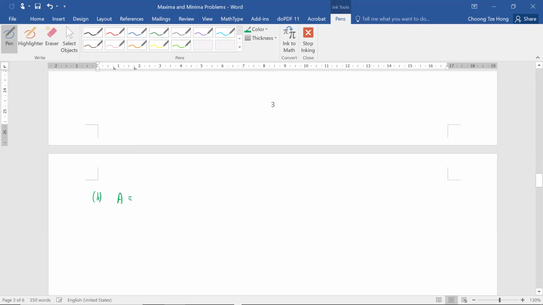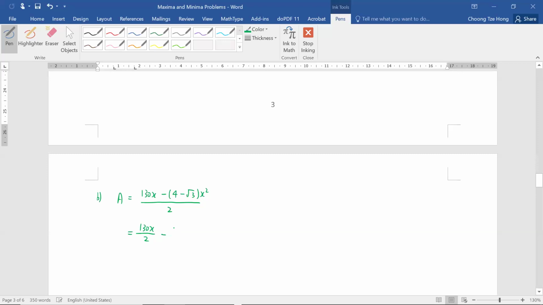So A is equal to, if you recall, just now we managed to obtain this, right? Square root 3 x squared over 2. Instead of differentiating this expression directly, I think it's easier if we break up the fraction like this, split it into 2 and differentiate each one separately.